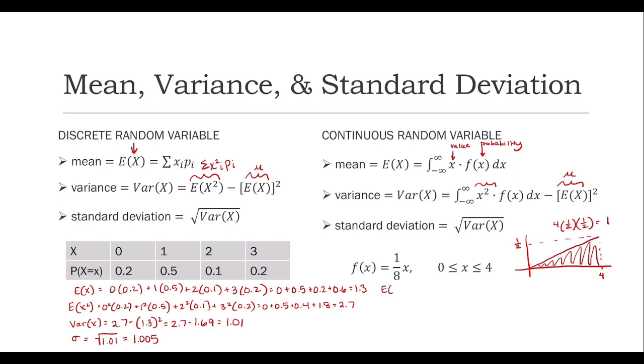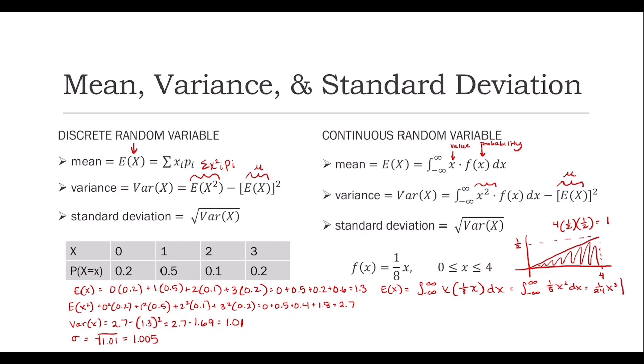So our mean or expected value of x will equal the integral from negative infinity to infinity of x times f of x dx. So times 1/8 x dx. So this is the integral from negative infinity to infinity of 1/8 x squared dx, which equals 1 over 24 x cubed.